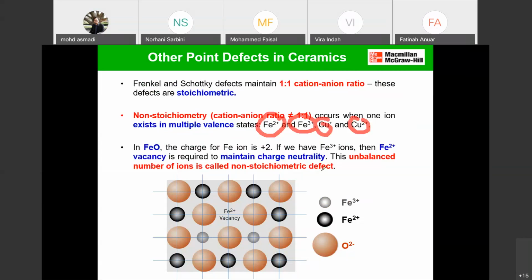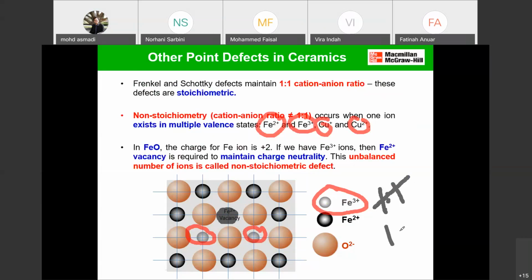Since there is a ferrum 3 plus here, a ferrum 2 plus needs to be vacant, so this position should be vacant. Initially there was a ferrum 2 plus here. Since they want to maintain the 1:1 stoichiometry, the stoichiometry is not going to be 1:1 otherwise.